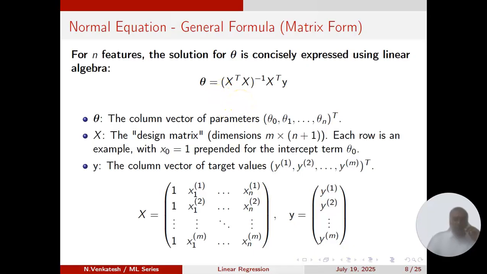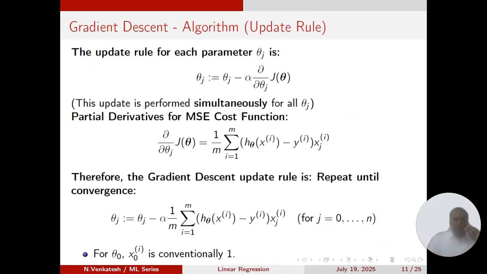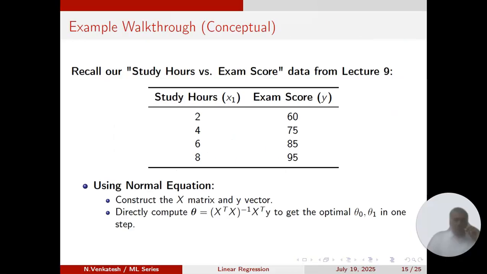So let us try to understand this on one example. Let us recall the example that we had considered in the previous lecture for this regression problem. So we have 4 training examples, and we had the number of study hours and the respective exam scores.